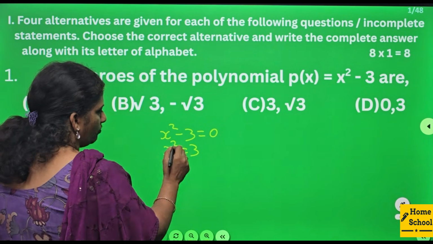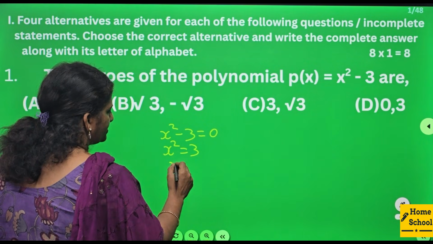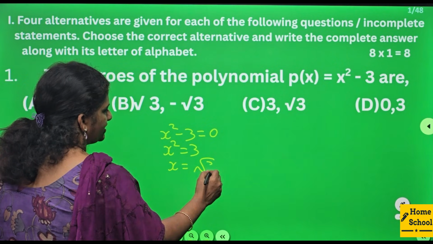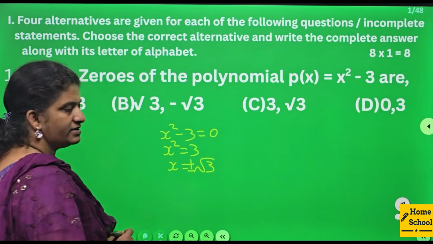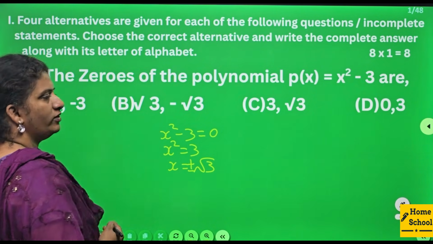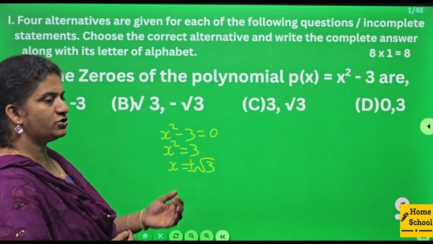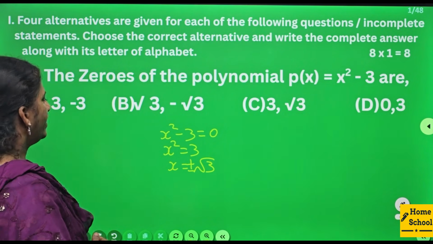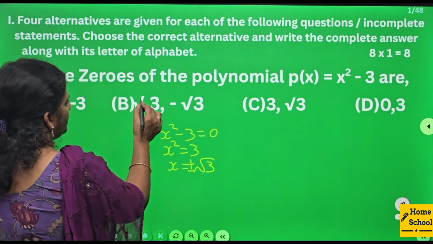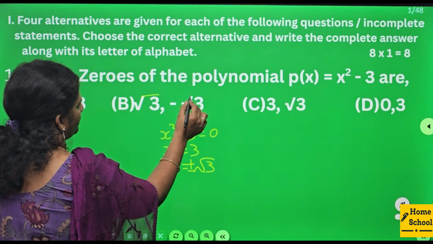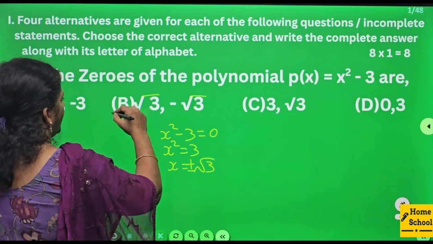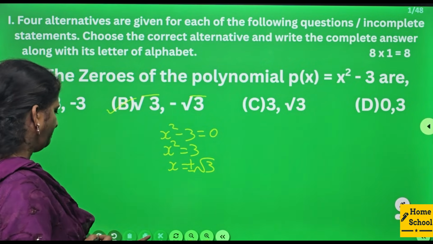X square, remove square and apply other side square root. That is x is equal to plus or minus root 3. Therefore, the zeros of the polynomial are plus root 3 and minus root 3. Where is your answer? You can see here, this is root 3 and this is minus root 3. Your answer is option B.